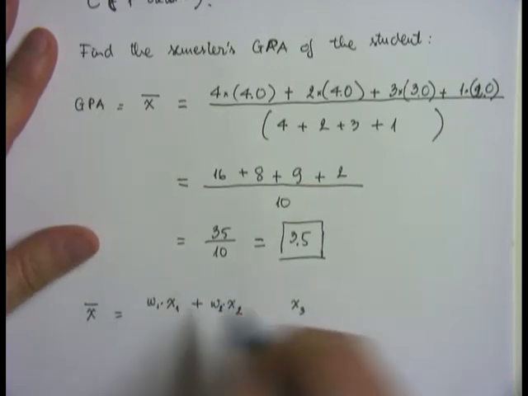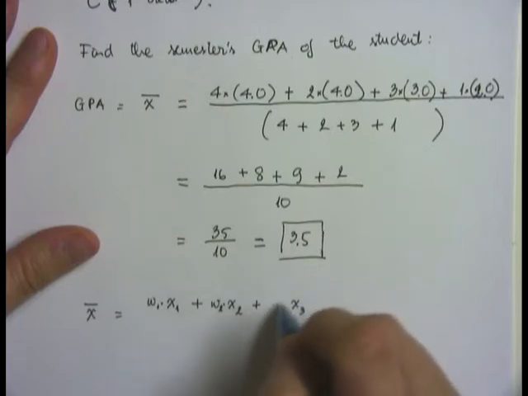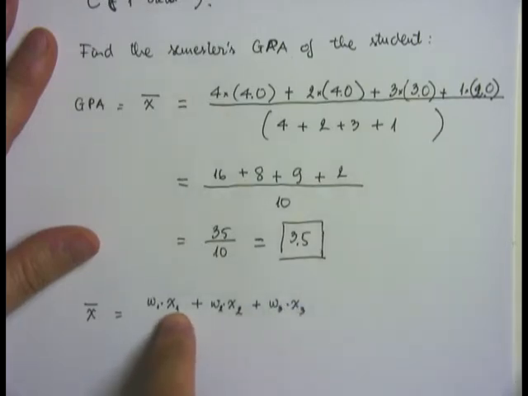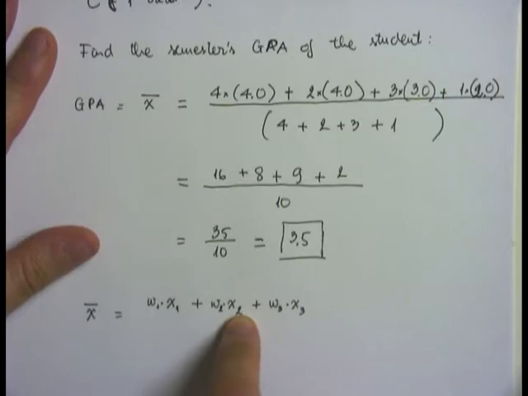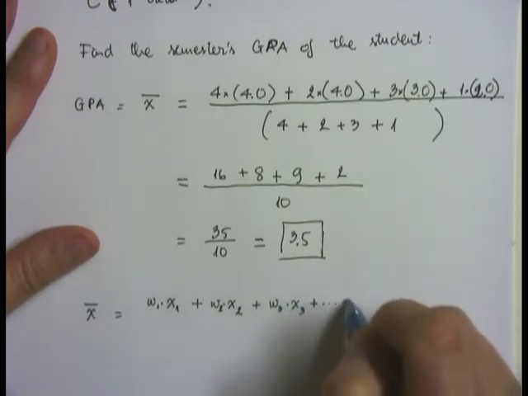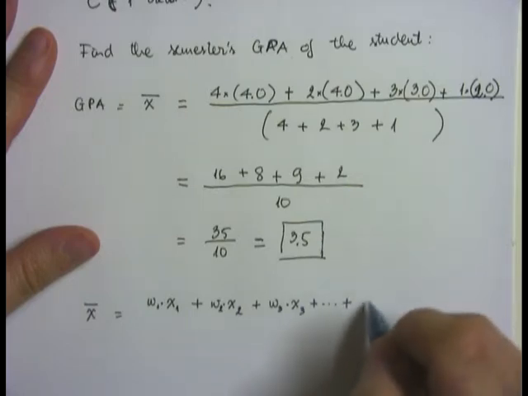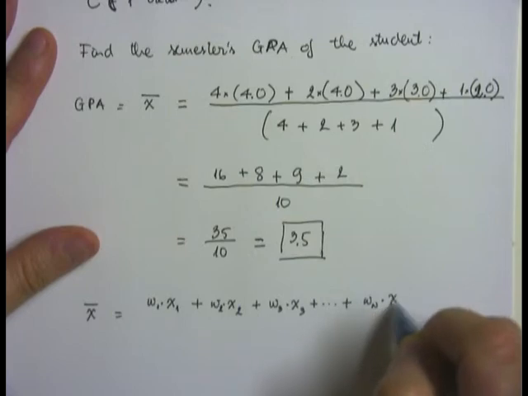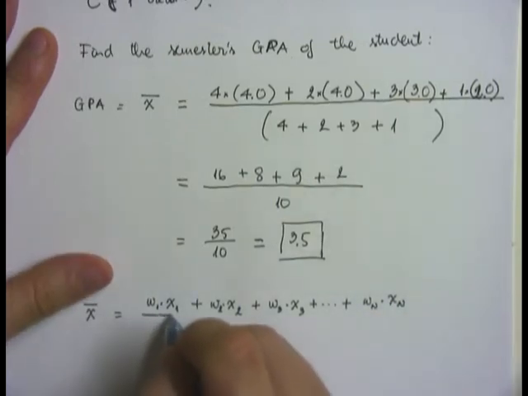and then you add all of those little products together. So the first data point times its weight, added to the second data point times its weight, added to the third data point times its weight, and we keep doing the same thing until we reach the last data value on the list, x of n times wn, which stands for the weight for that value.